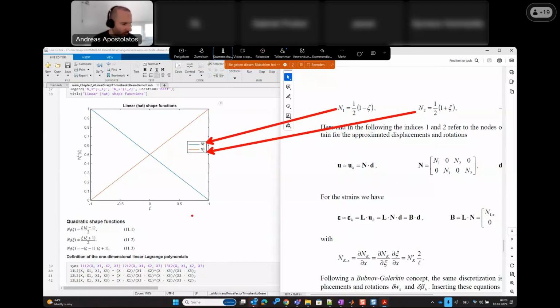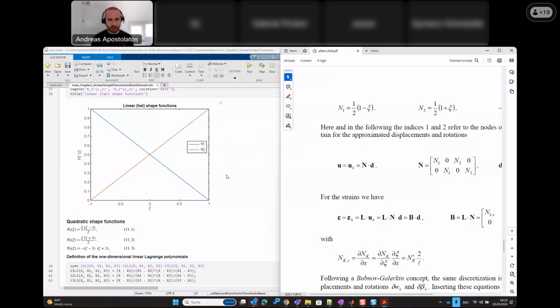I'm going to try to answer now the question of what is B. I just want to start from the beginning. We have the basis functions that are needed in order to discretize the field, and those are the two functions for the linear case. And now we are using those two functions to interpolate the field or discretize it. So I'm going to scroll down here.